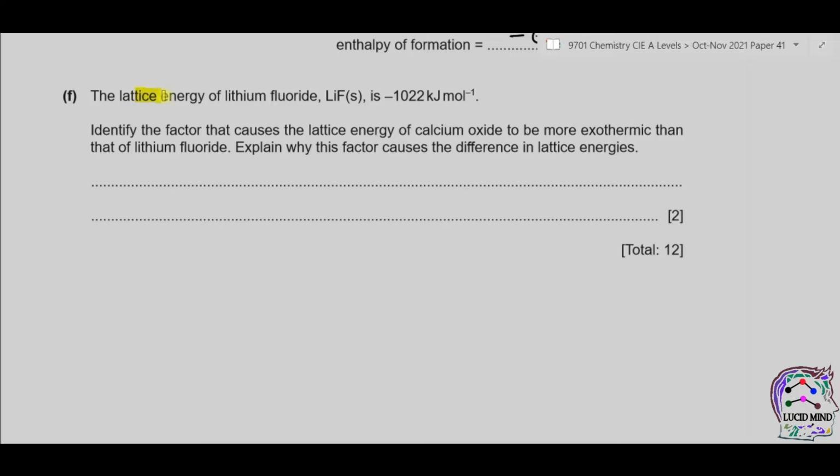Part F, the lattice energy of lithium fluoride LiF solid is -1022 kilojoules per mole. Identify the factor that causes the lattice energy of calcium oxide to be more exothermic than that of lithium fluoride. Explain why this factor causes the difference in lattice energies. You should always remember that it depends on the charge density of ions.